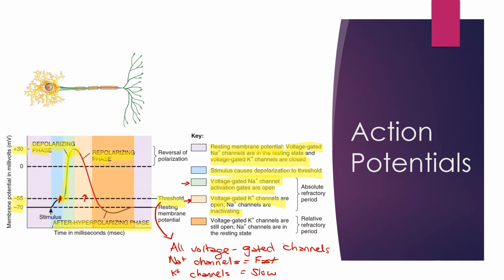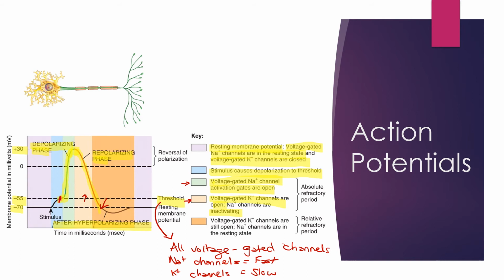So in this repolarizing phase, the potassium channels are finally opened and potassium starts to leave the cell. Then we have that drop in positive charge within the cell because those positively charged potassium ions are leaving. Now, because these potassium ion channels are so slow to close, they stay open a little bit longer, even after getting to the resting membrane potential.